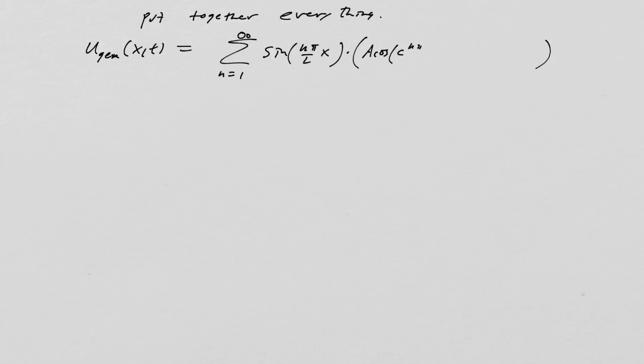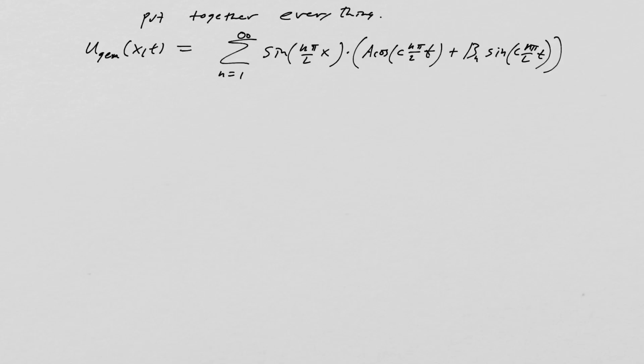So we have the general solution, u of x comma t, equal to the sum from n equals 1 to infinity of sine of n pi over L x times an cosine of c n pi over L t plus bn sine of c n pi over L t. All right, so there's our solutions.